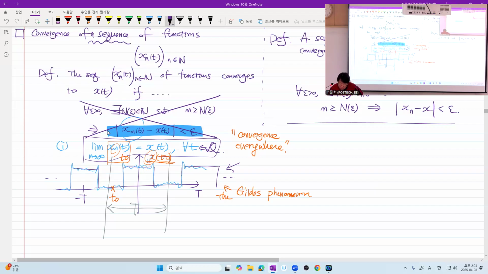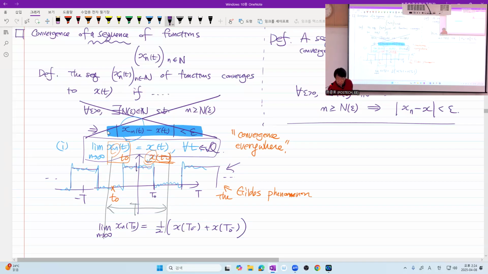And here, let's say this is some t0 of discontinuity. If you evaluate the Fourier series there, what you find is very interesting. What was that? You had the average value of the right limit and left limit.